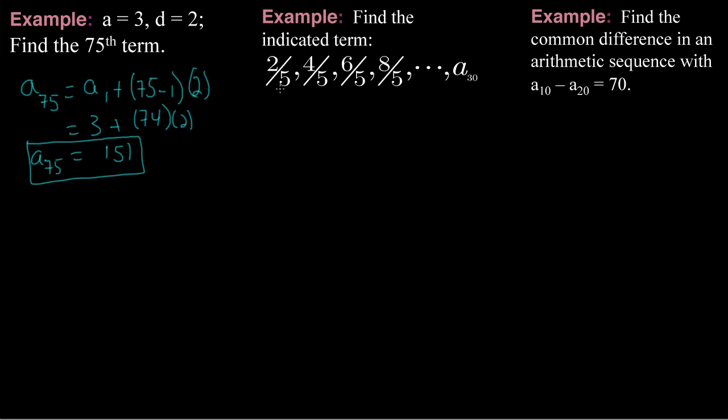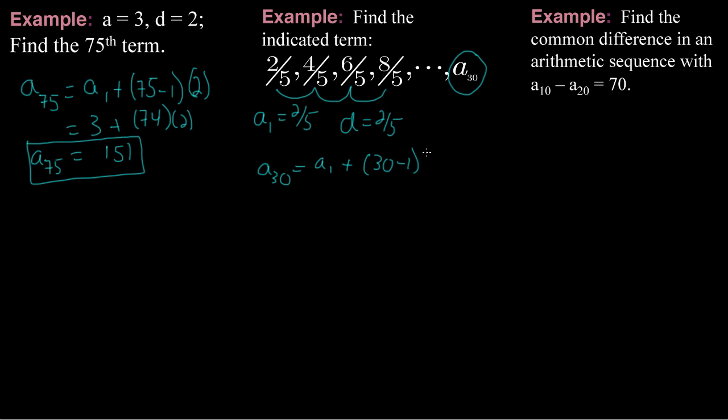Second example, first thing I'd see is that the first term is 2/5. I'd notice that each term is increased by 2/5, so the common difference is also 2/5, and I'm asked to find the 30th term. So using the formula, a sub 30 is going to equal the first term plus 30 minus 1 times the common difference of 2/5.